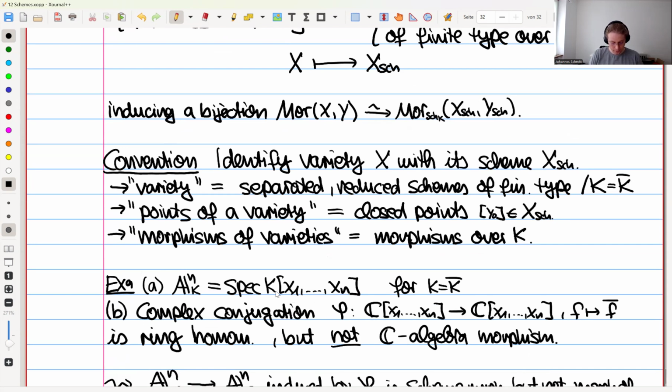Okay, and so as an example of this, now with this convention, I can just write A^n over k is the spectrum of this. Before, I would always have to write the scheme associated to A^n over k is the spectrum. And from now on, let's just spare ourselves this effort and just say A^n over k is the spectrum. Many modern algebraic geometry texts would even define A^n over k as the spectrum, and just move on from there.